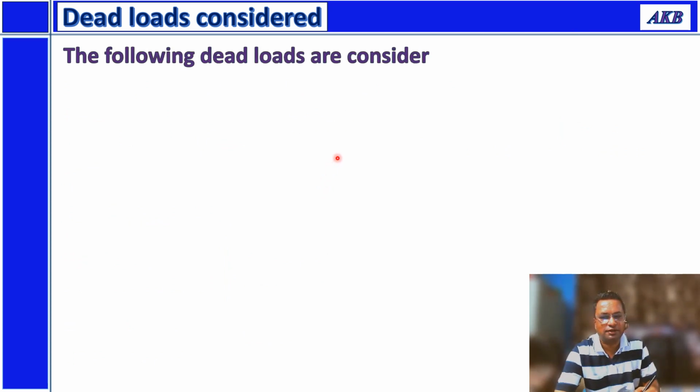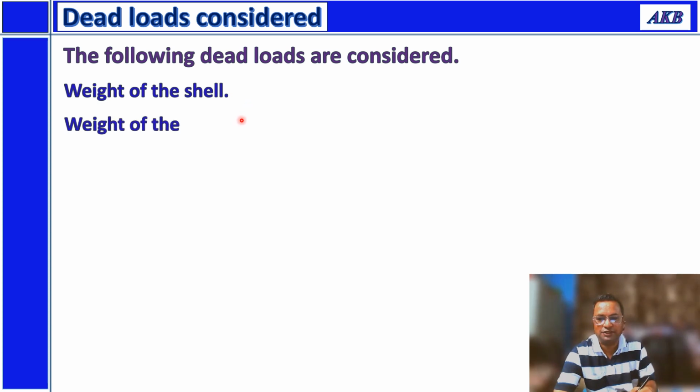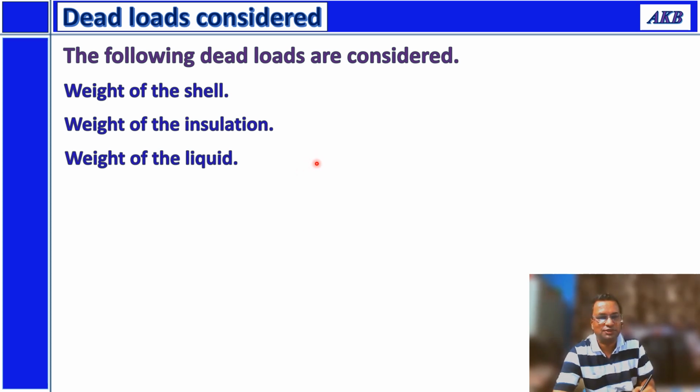What dead loads are considered for calculating stresses? Let me tell you first. We are going to consider the weight of the shell itself. Then I'll be considering the weight of the insulation, and the weight of the liquid on the trays. As I said earlier, in the beginning of my discussion on tall columns, I said that I'll be talking about tray columns.